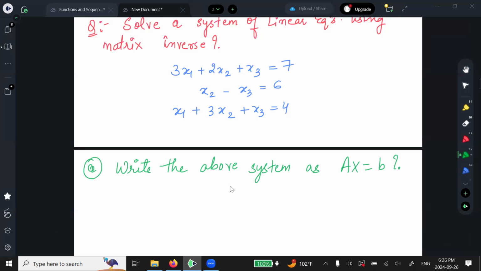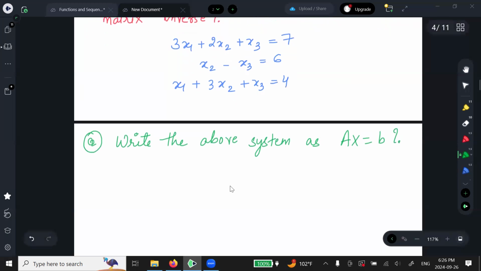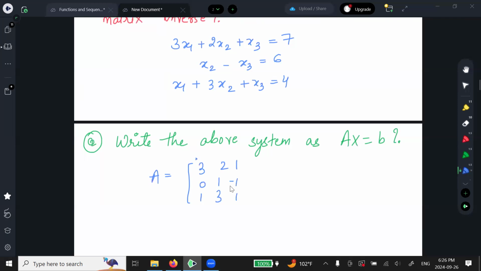Order matters. What is your A? Everybody can do this? Are you writing the answers in your notebook? So A will be 3, 2, 1, 0, 1, negative 1, 1, 3, 1.